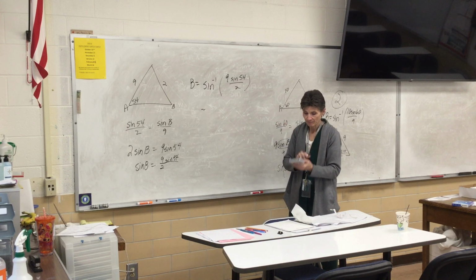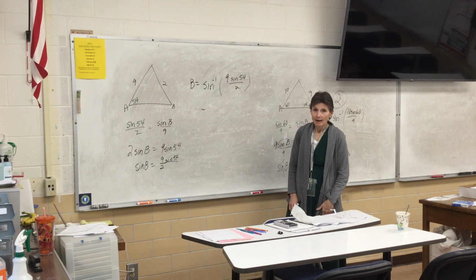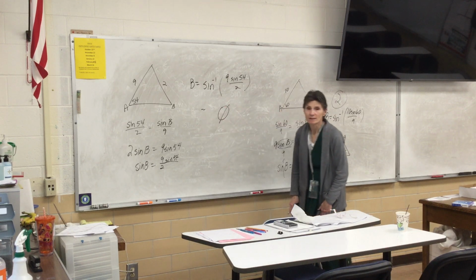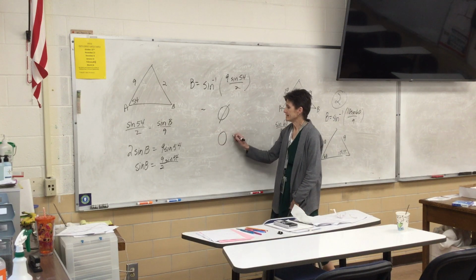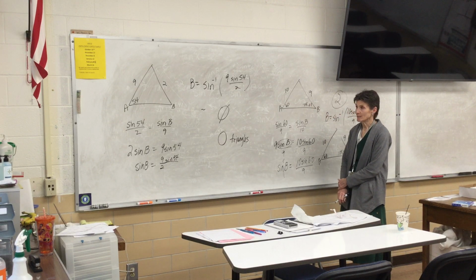Uh-oh. Did you get an error message? I did. So what does that mean? That means there are no triangles possible. How many triangles are possible? None. 0 triangles. Because when we typed it in, we got an error message.